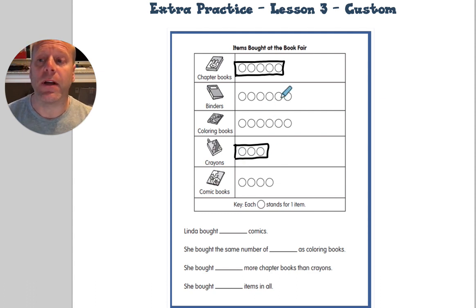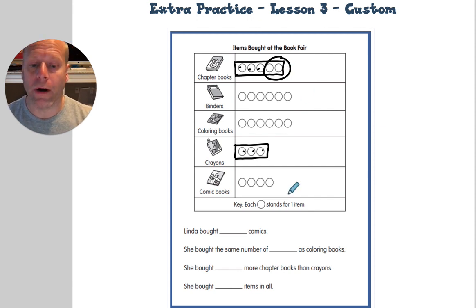So you really have to find out where they're the same. So I'm going to go ahead and say same, same, same. See these two right here? Those two are how many more, and that's what they're asking. How many more chapter books did they buy than crayons? 2 more.